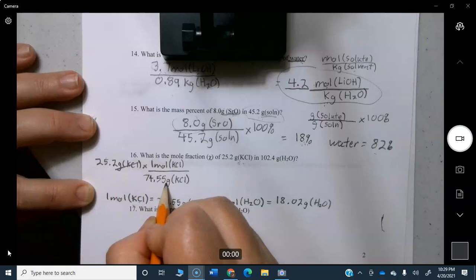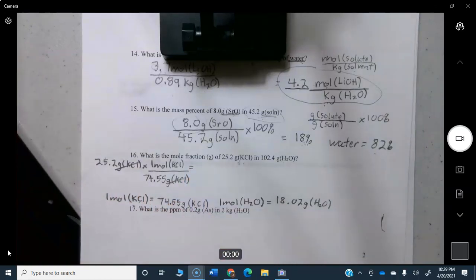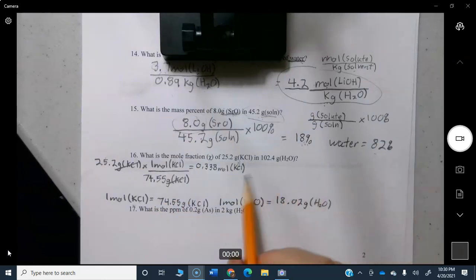So that's going to equal, that'll tell us how many moles of it we have. And that's going to be 0.338. Okay, now I'm coming over here and I'm going to do the water.